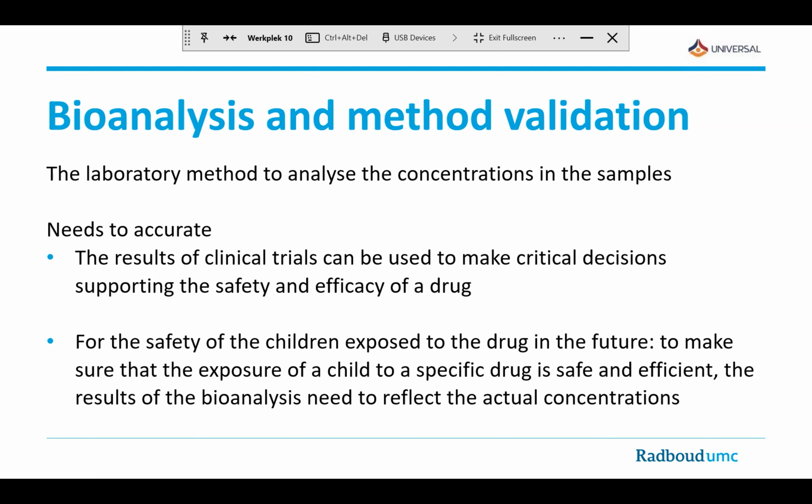For example, it's important for the safety of children exposed to the drug in the future, to make sure that the exposure is really safe and efficient. We really have to be sure that what our lab gave back to us was the real concentration.